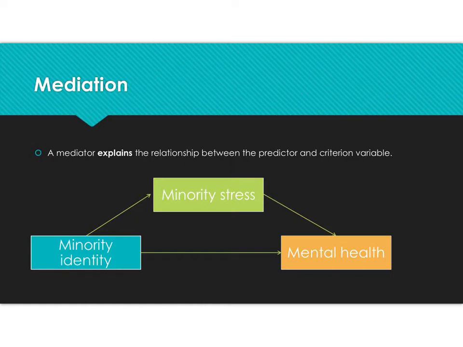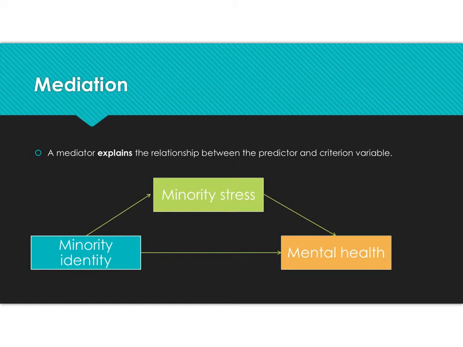However, in 2003, Ilan Meyer, a personal and professional hero of mine, proposed the minority stress model, which incorporated numerous studies on stress processes in LGBT people. In that paper, Meyer suggested that the relationship between a minority identity and mental health outcomes was mediated by minority stress.